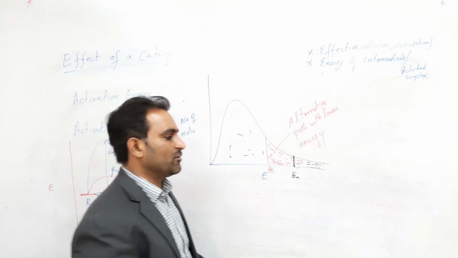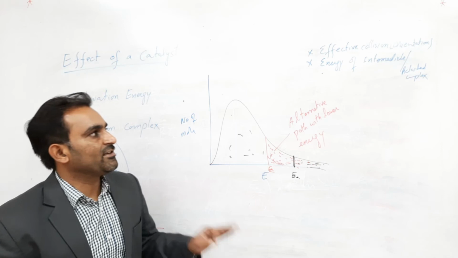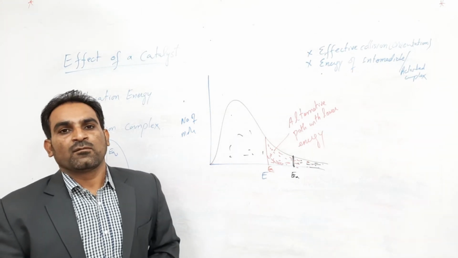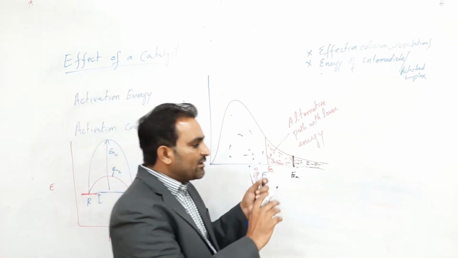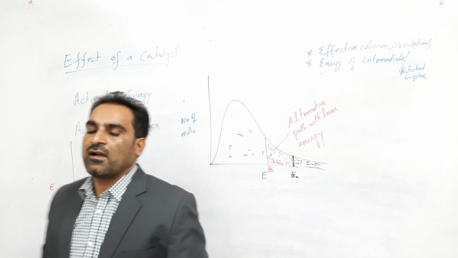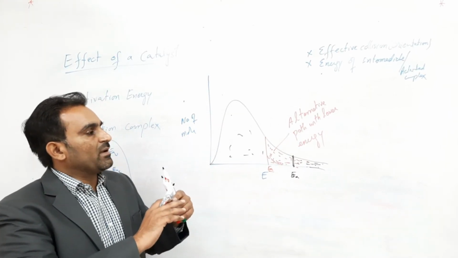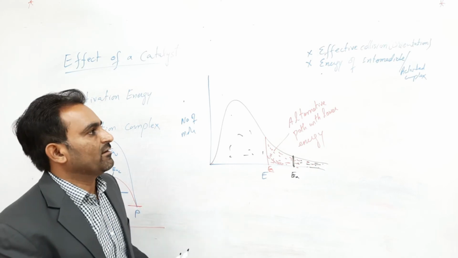It plays with the orientation of the molecules. It reshapes them, or it helps the molecules to orient in such a way that they will give you an effective collision.